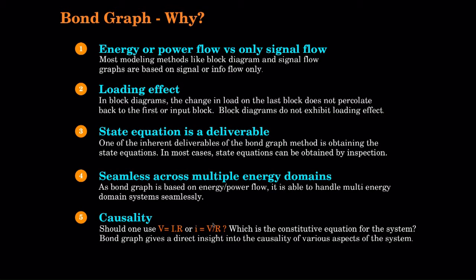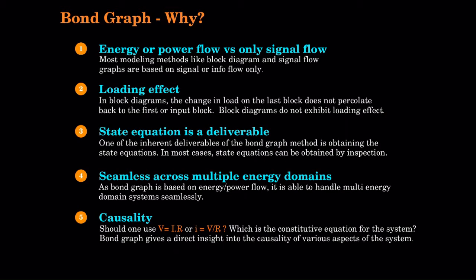So, bond graph inherently has this causality in the picture. Which constitutive equation has to be used automatically gets addressed at the time of modeling with the help of bond graphs, which is something we do not actually talk of in the block diagram approach itself.